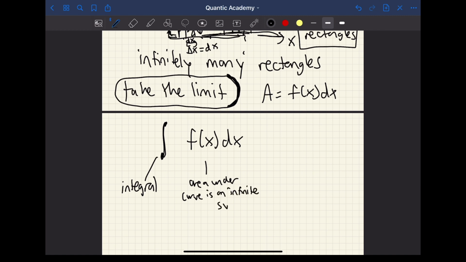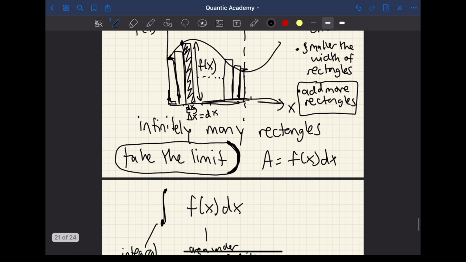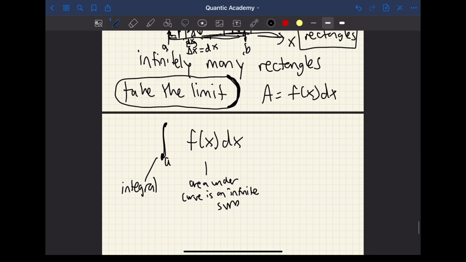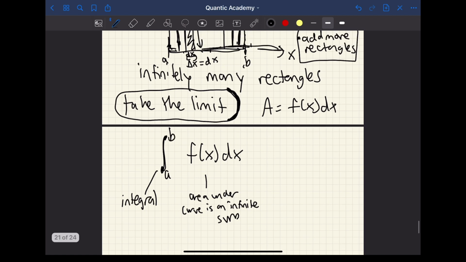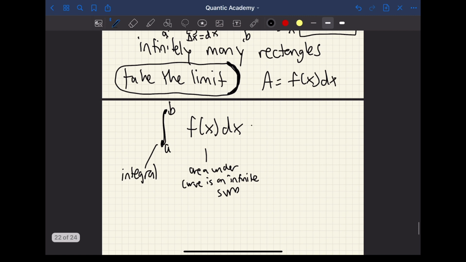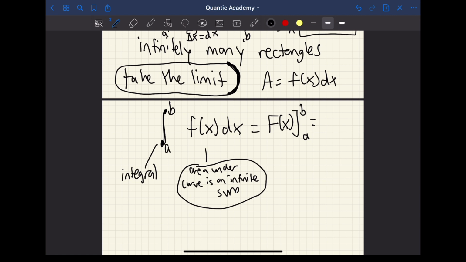Okay? And we're integrating it from A to B. We're finding the sum from A to B. These are the bounds. Okay, so that's the interval in which we're calculating the area under. And as we showed before, the area under the curve is equal to the antiderivative. But more specifically, it's actually the change in antiderivative.